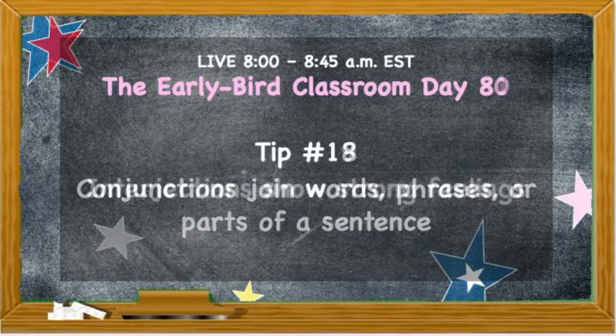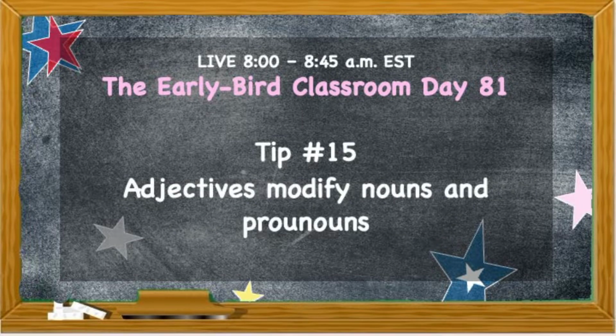adjectives enhance, describe, or modify nouns and pronouns. We learned that and talked about it on day 81 and 82, maybe even a little bit on 80, I'm not sure.